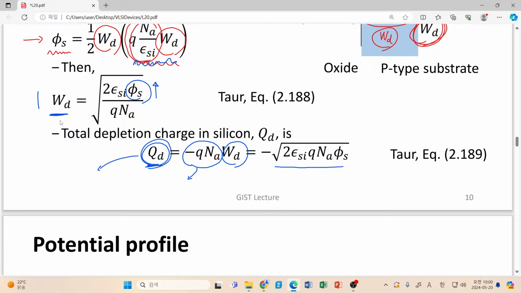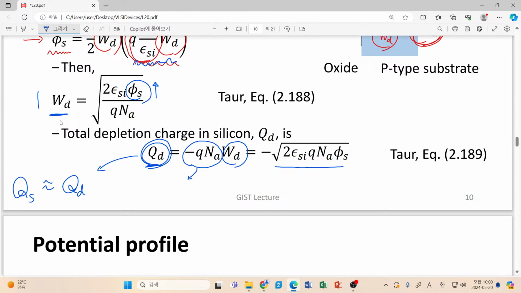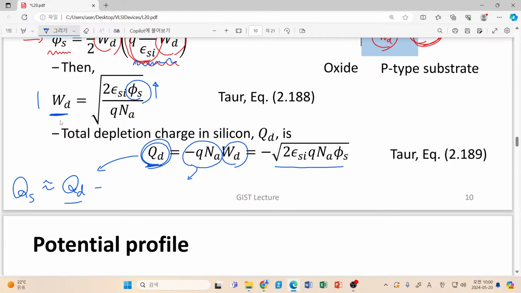In this case, our QD actually corresponds to QS, because our net charge density QS can be decomposed into two parts: one is depletion charge and the other is inversion charge.